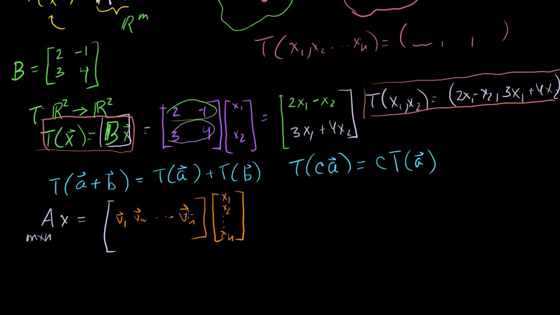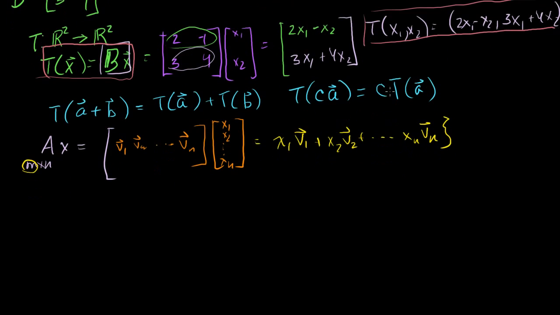By the definition of matrix vector multiplication, this is equal to x1 times v1, this scalar times that vector, plus x2 times v2, all the way to plus xn times vn. And of course, as I did at the top of the video, this vector is going to be a member of Rm. It's going to have m components.